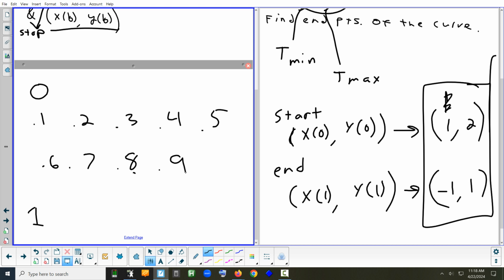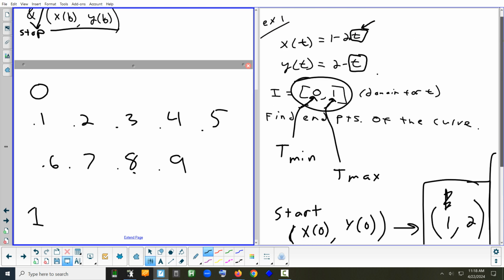So what the T-step does is it controls how many points the calculator is going to use to make your picture. What the calculator is doing, but it's doing it very fast, is it's going to plug in 0 into each of these equations and put a dot. Then it's going to plug in 0.1 into each of these equations and put another dot.